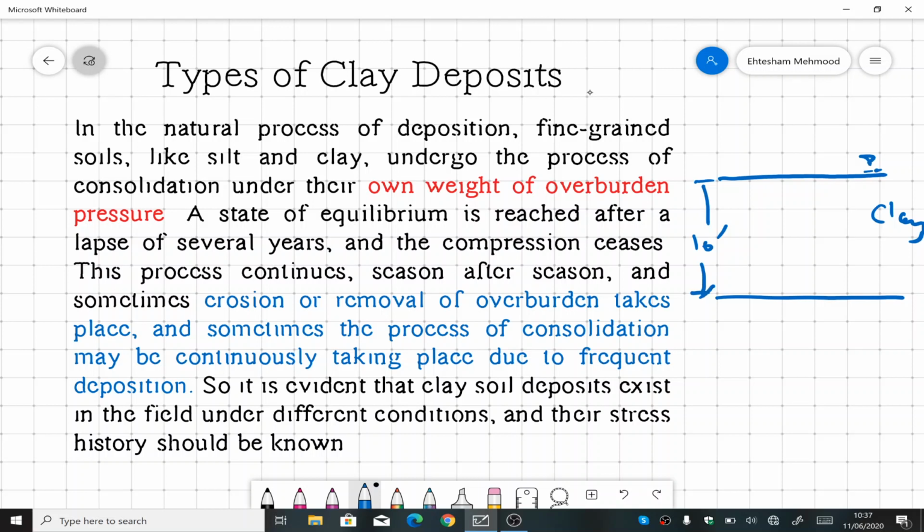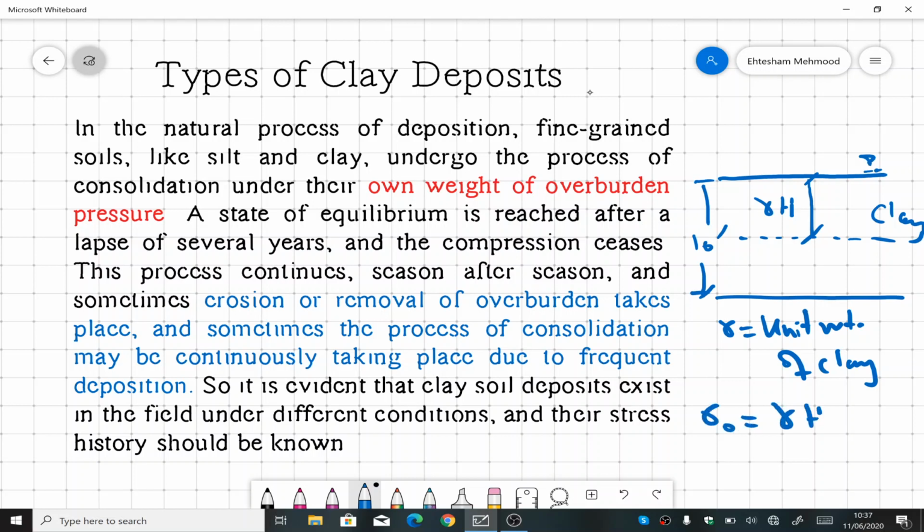At the center of the clay layer, I will simply find the overburden by gamma into H, where gamma is the unit weight of the clay, and H is the height up to which I am measuring the overburden pressure. So sigma naught, that is overburden pressure, is simply gamma into H.